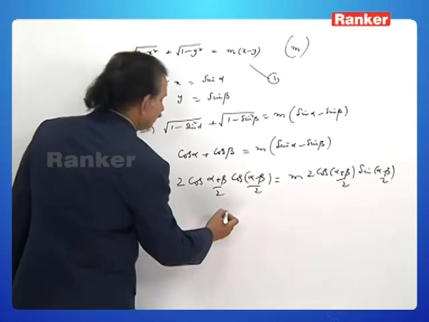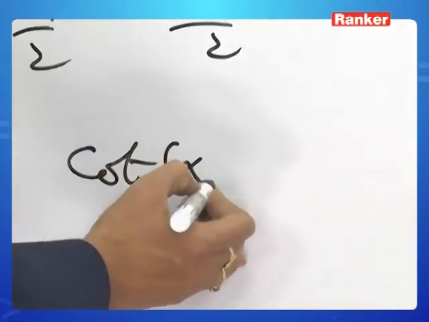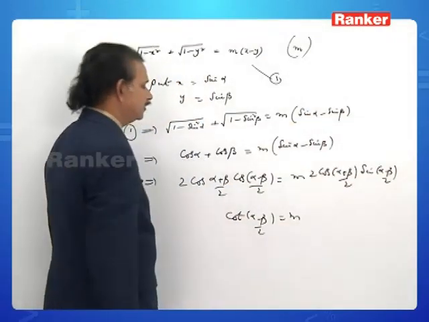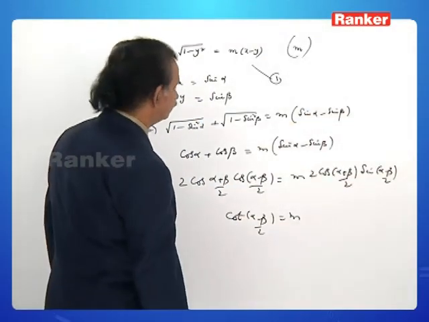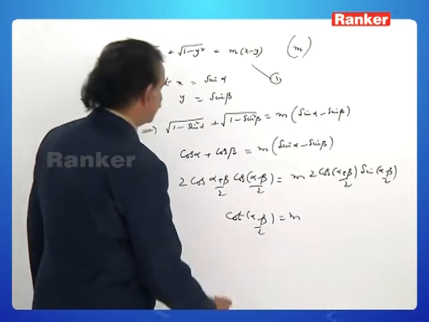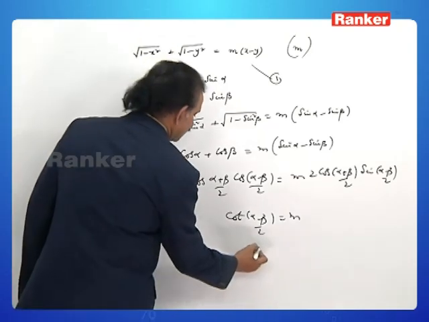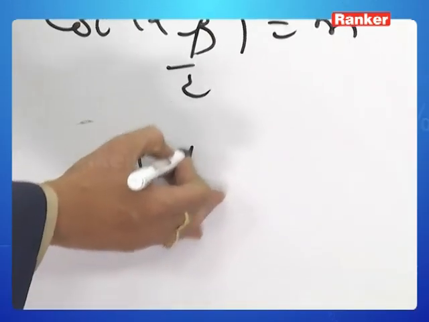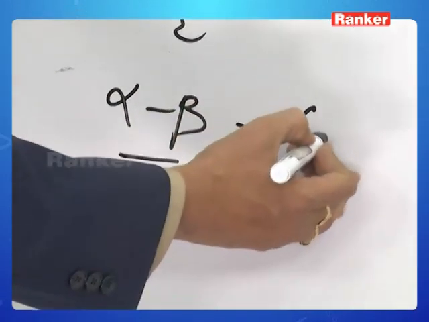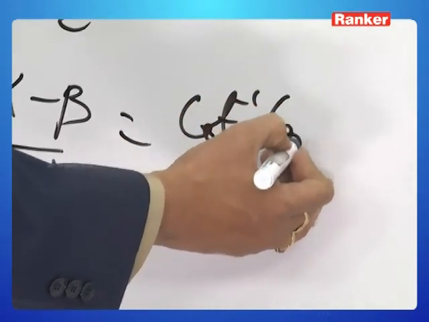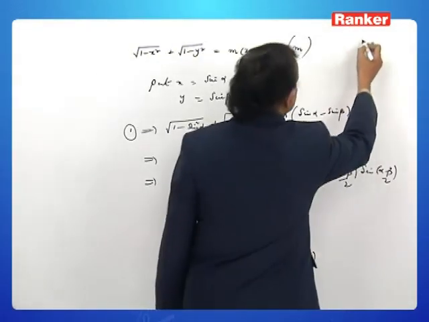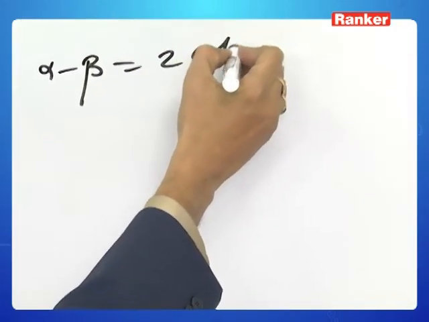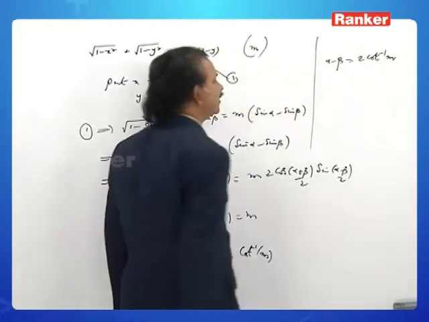So that you have cot of (alpha minus beta) by 2 is equal to m, isn't it? So that (alpha minus beta) by 2 is equal to cot inverse m. That is, alpha minus beta is equal to 2 cot inverse m.